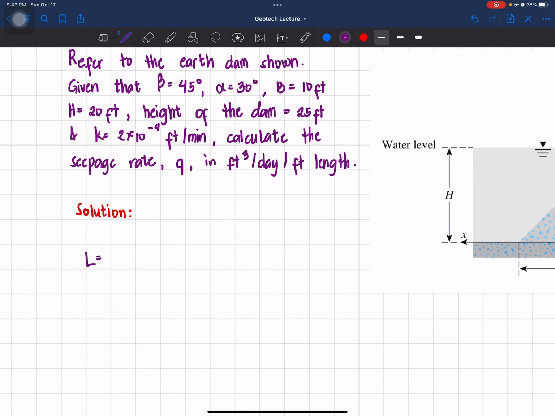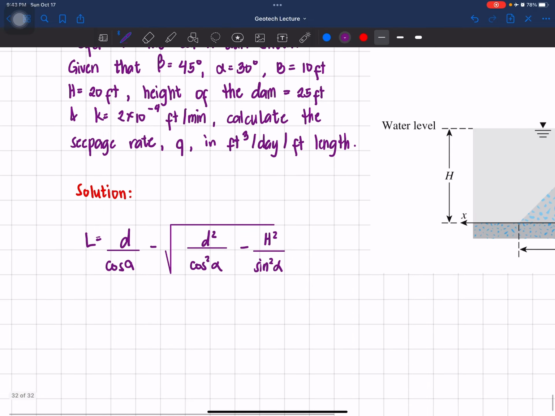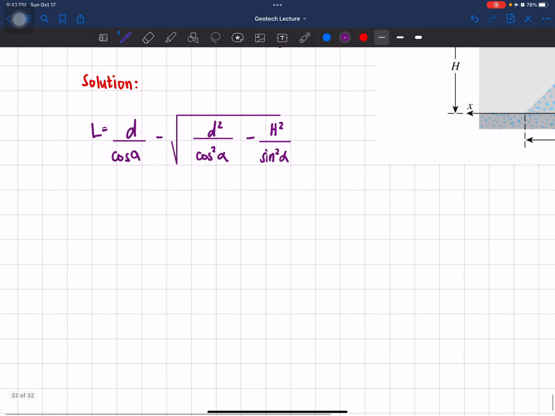Your L is given by the formula D over cosine alpha minus the square root of D squared all over cosine squared alpha minus H squared all over sine squared alpha. And after getting the L, we can determine the value of our seepage.